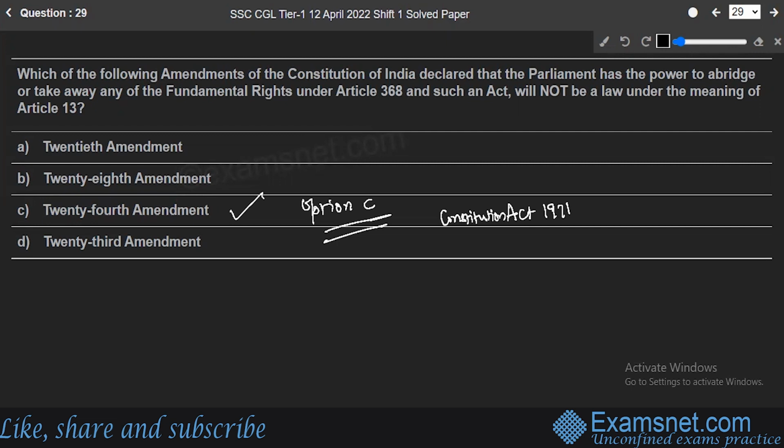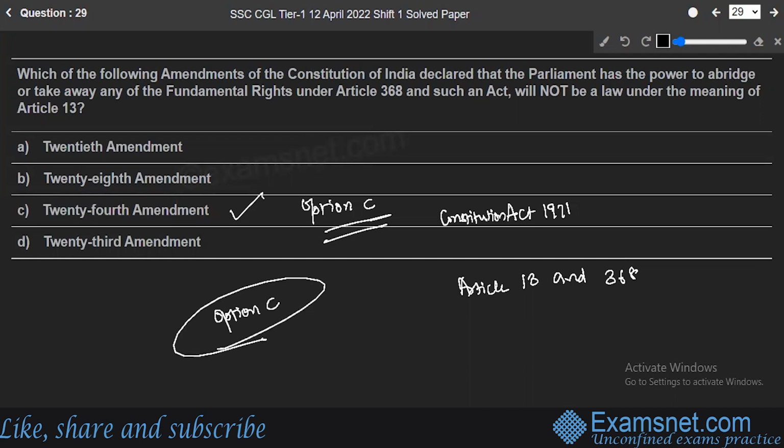The 24th Amendment modified Articles 13 and 368 to authorize Parliament to freely amend the fundamental rights. Article 13 stated that any law which is inconsistent with the fundamental rights was invalid. So, option C is the answer to the question.